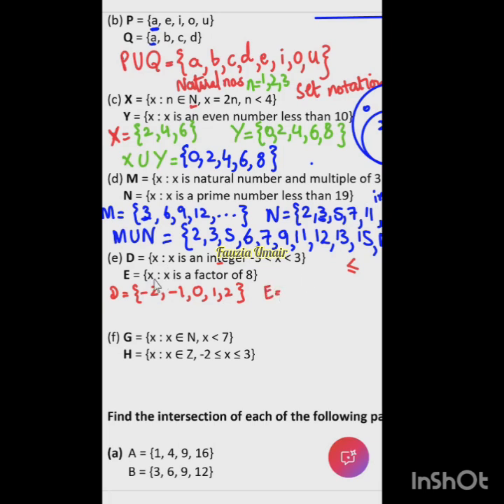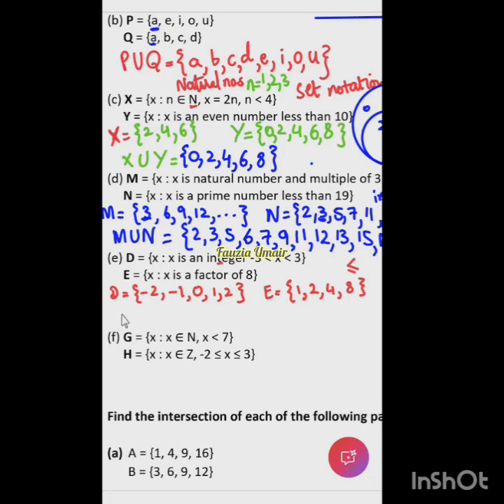So now set E. E is x such that x is a factor of 8. So what are the factors of 8? 1, 2, 4, 8, right? So 4 elements in this set. These are both finite sets, right?